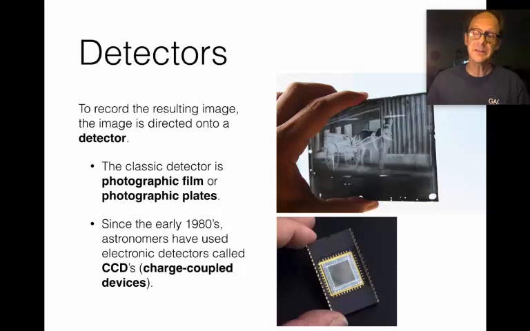But since the 1980s, astronomers have been using electronic chips or detectors. Of course, those became common in consumer cameras after about the year 2000 or so, a couple years later. So if you have a camera now, I'm sure it's almost certainly an electronic camera rather than a film camera.